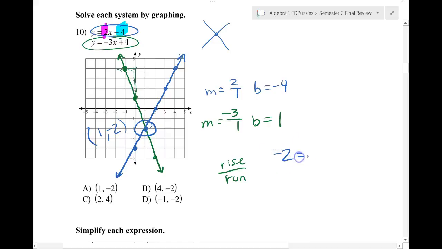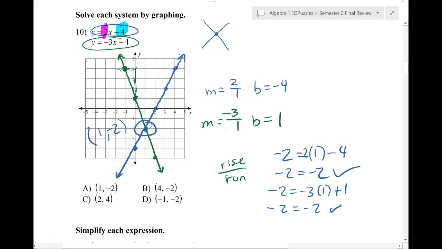If you want to be double sure, just plug them in to both. Just plug in the y where the y is, plug in the x where the x is. Okay, so -2. And then 2 times 1 is 2, minus 4 is -2. So that's check. And then do the other one. So -2 is equal to -3 times 1 plus 1. Okay, so -3 times 1, -3 plus 1 is -2, so that's also checked. So yep, that's the one.